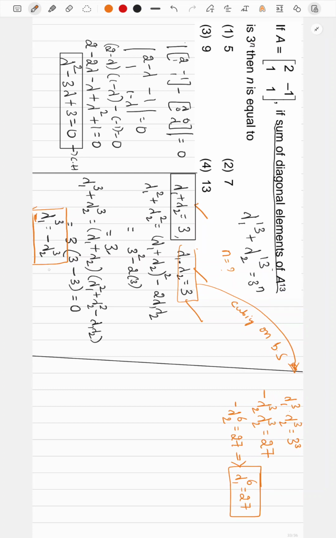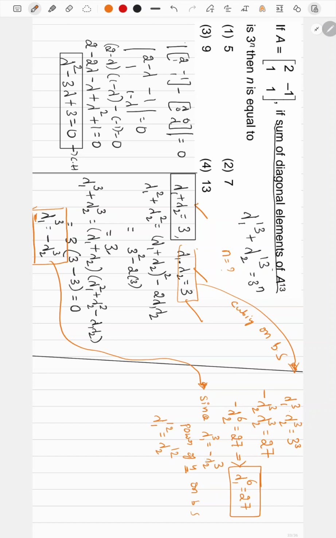From this equation again, since lambda 1 whole cube is equal to minus lambda 2 whole cube, take power of 4 on both sides, then we get lambda 1 whole power 12 is equal to lambda 2 whole power 12. 4 is an even number, so minus 1 whole power 4 is nothing but positive 1.